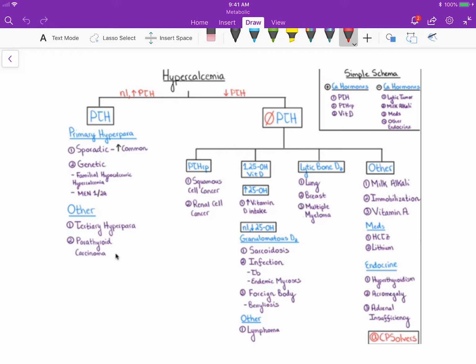Okay. The second thing to know is that most patients with hypercalcemia, this is due to overactivity of the parathyroid gland. So most patients have hyperparathyroid hypercalcemia. Okay, and again, this is typically clinically silent.